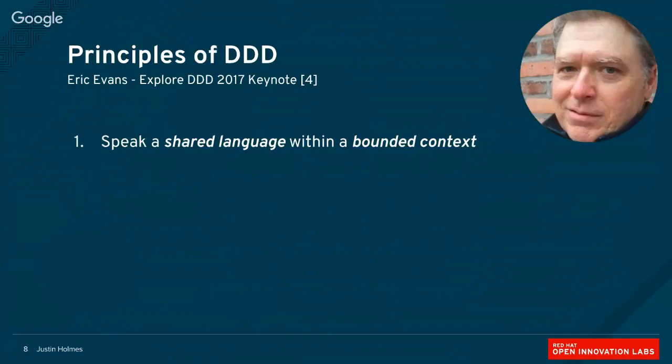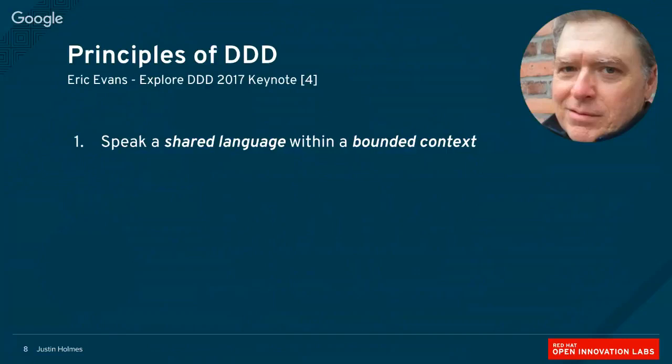And you'll often see shared language written as ubiquitous language, which in most scenarios means the same thing. I like to use the word shared language because it's not as complicated, more people know what it means, and it's not as off-putting. But this focus on language within a bounded context is really the key focus.